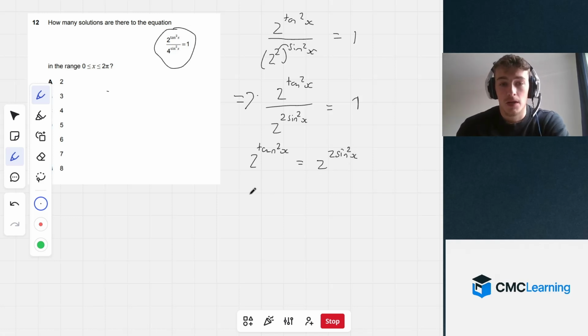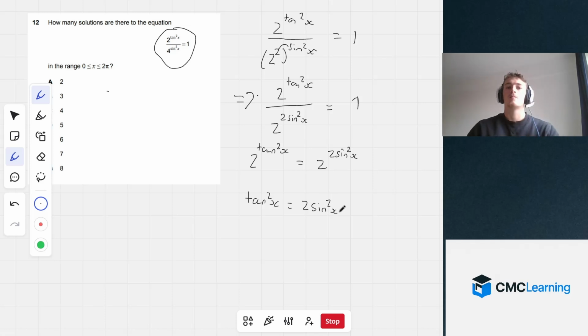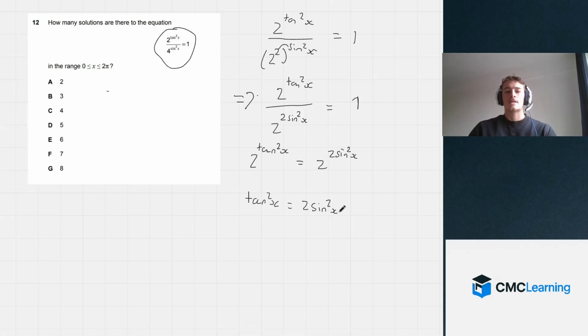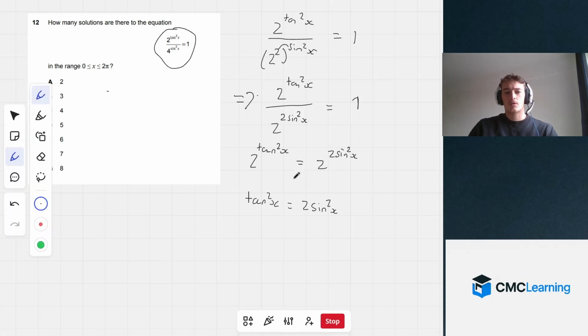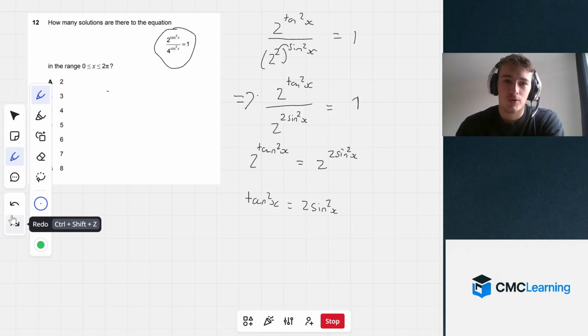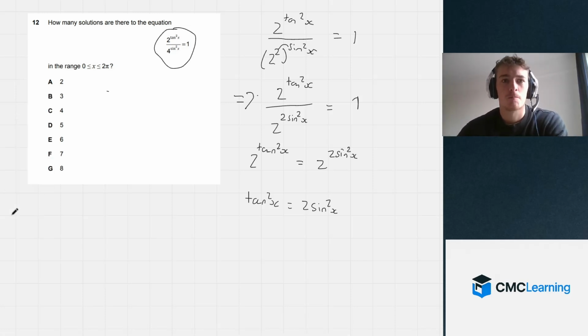And this must mean that tan squared x is equal to 2 sine squared x. You can just take log base 2 of both sides. Okay, so now we've got this. This is more promising. We've managed to take the trigonometry out of the exponents.